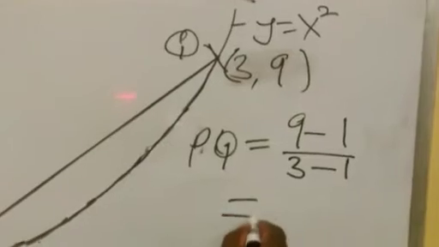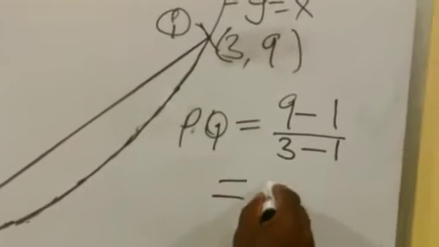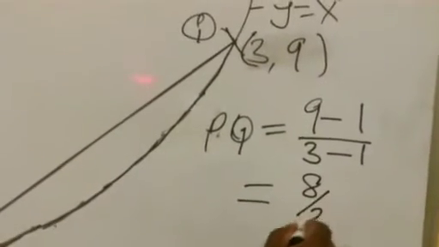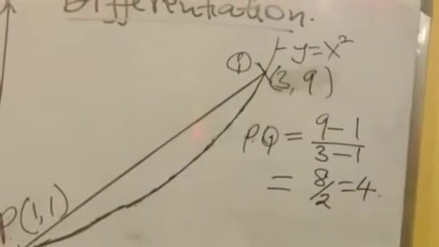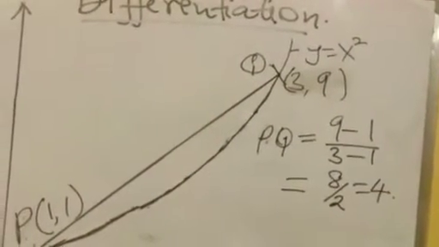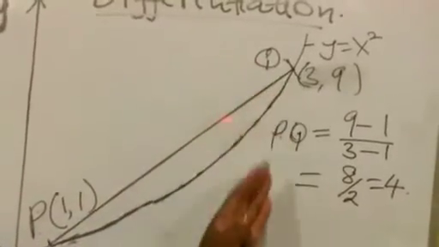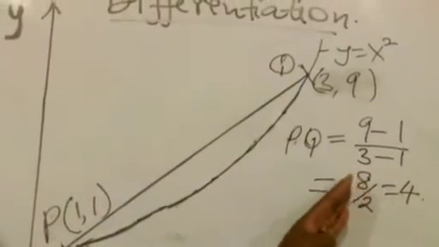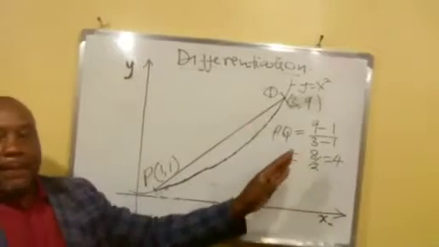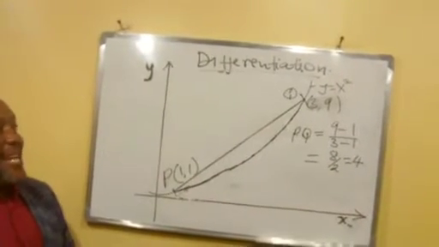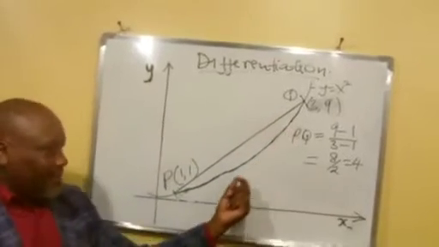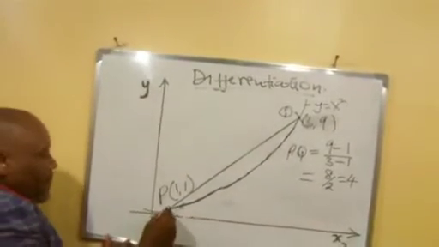This gives us 8 over 2, and the gradient will be 4. So the gradient of this curve between point P and Q is 4.